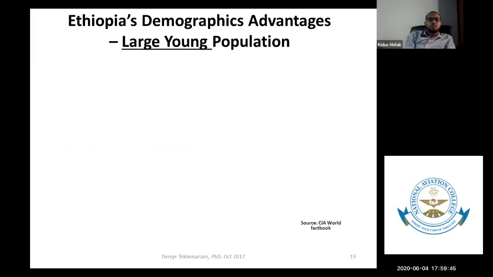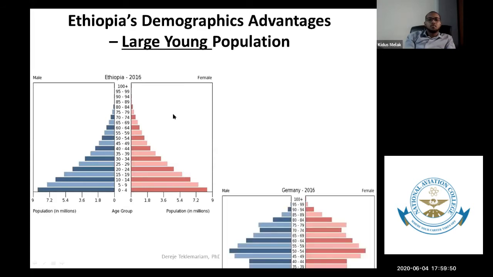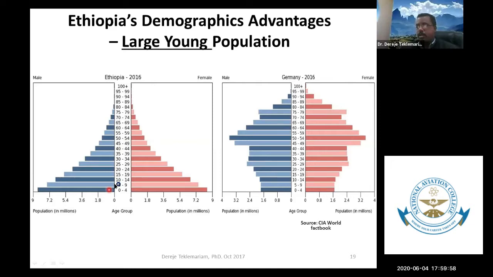If you see the population structure of most developing countries like Ethiopia, there is a very huge youth population. Almost 1/3 of the Ethiopian population is within the age of 0 to 10.